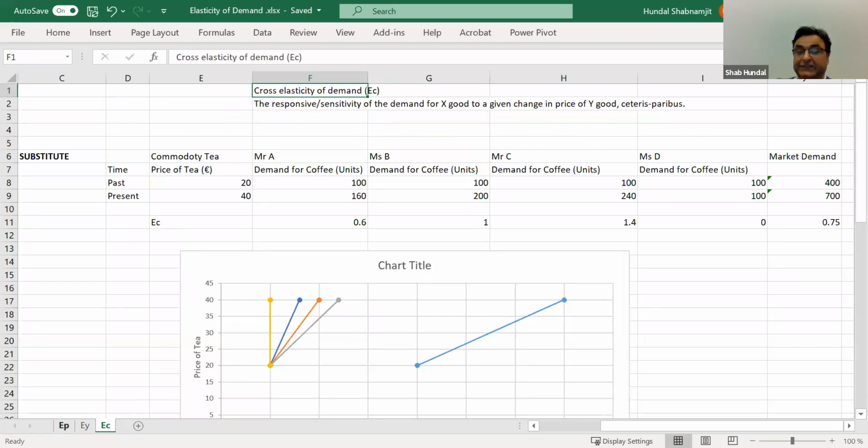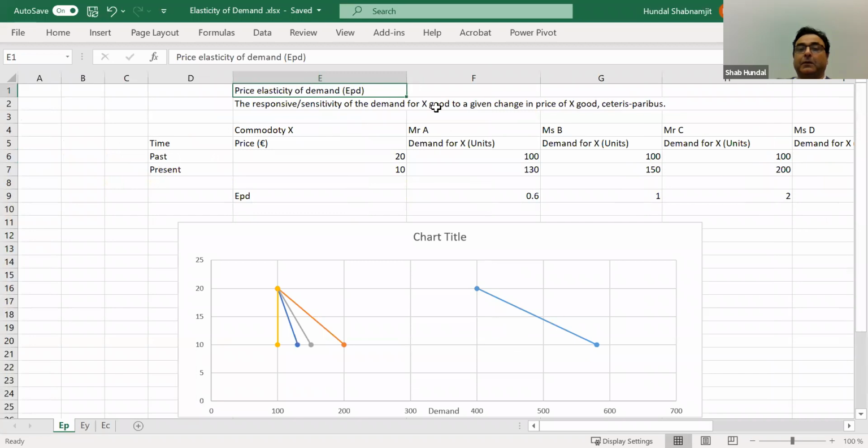But if you study price elasticity of demand, look here. When the price of car decreases, let's say this commodity X is car. Because I'm considering car, let's be a bit realistic, so I can call the price 1,000 euros.